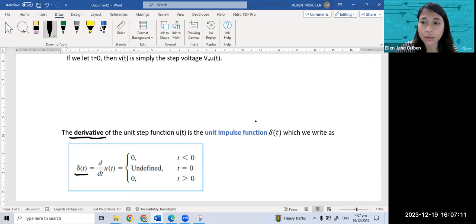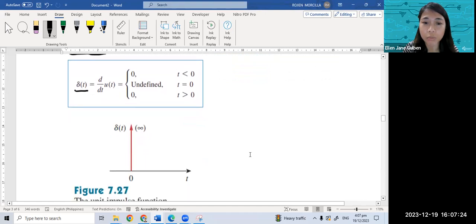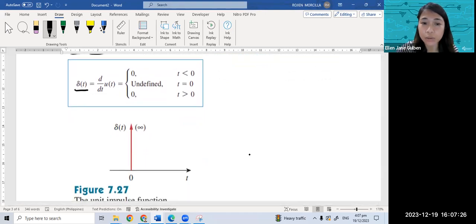So you get 0 at t less than 0 and 0 at t greater than 0, but you get an undefined value at t equal to 0. So how does it look in the plot? Okay, so this is how it looks. This is an impulse by its name. So at 0, you get an impulse signal. And the signal is around infinity. Okay?